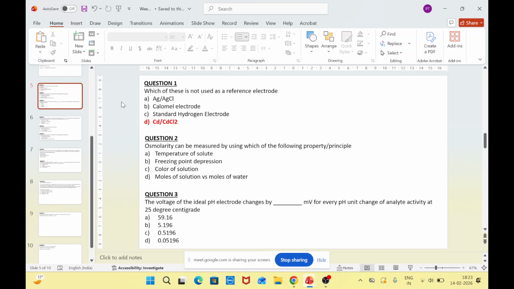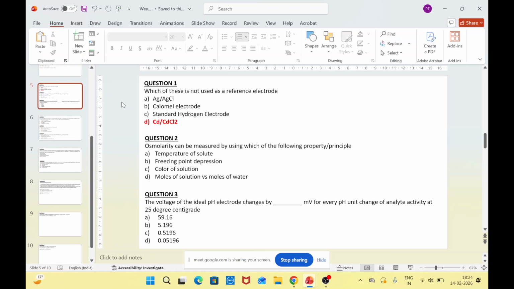It is not very commonly used as a reference electrode, but it is one of the reference electrodes that was first used. After that, we came up with other electrodes owing to the problems that hydrogen is very flammable and very difficult to maintain in the system. But still, the standard hydrogen electrode is one of the reference electrode materials. So the answer for this is cadmium/cadmium chloride.